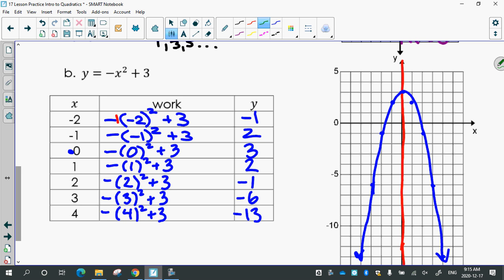And we figured out its vertex was 0, 3. Step pattern. So we're going the opposite direction this time. Our first step to get from the vertex to the next corner is over 1, down 1.